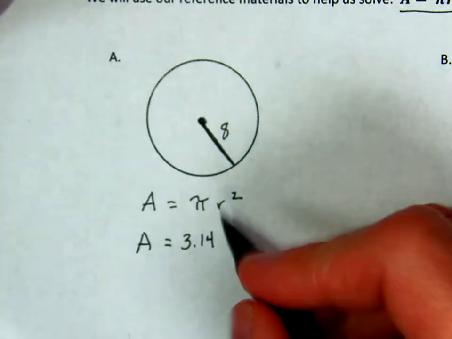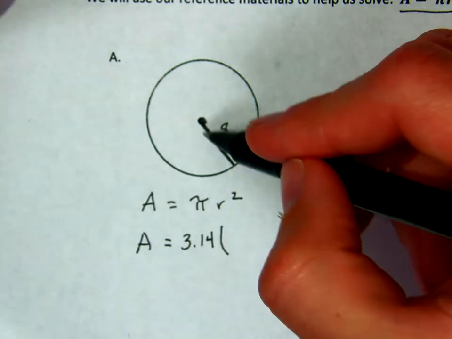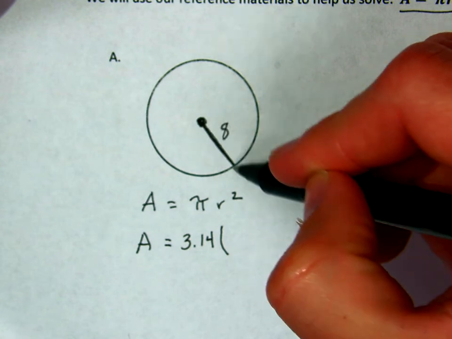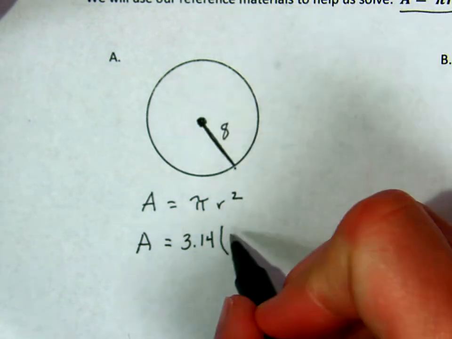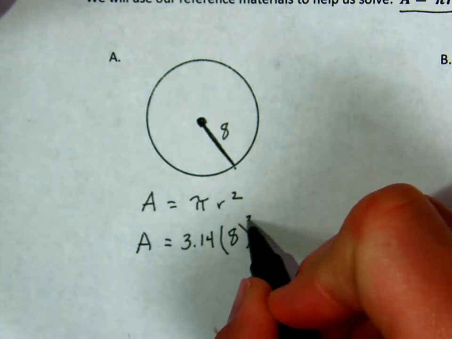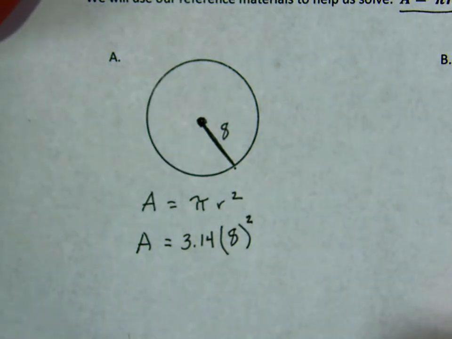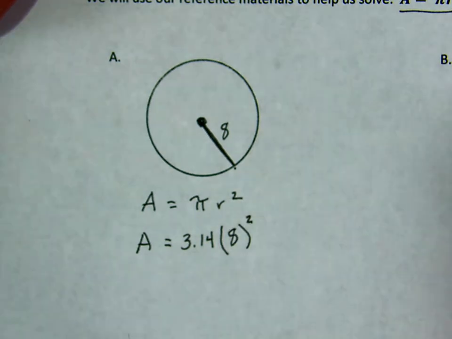Now my radius. Does this give an exact representation of the radius? Yes, it does. It goes from the outside edge to the center point. That radius is 8, and we leave it squared. Remember that squared, or raised to the power of 2, means we're multiplying by itself, right?